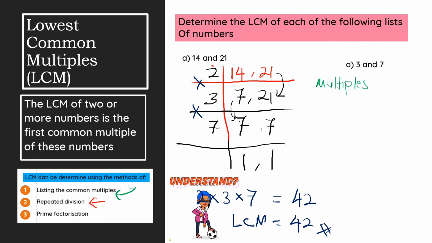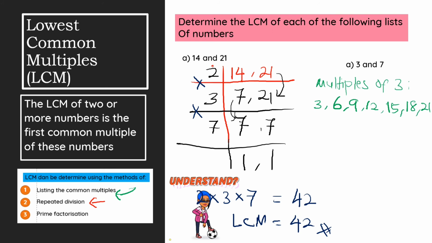Multiples of 3, which are 3, 6, 9, 12, 15, 18, 21.